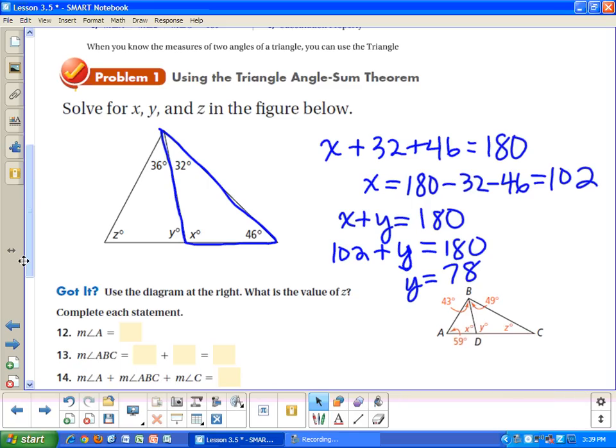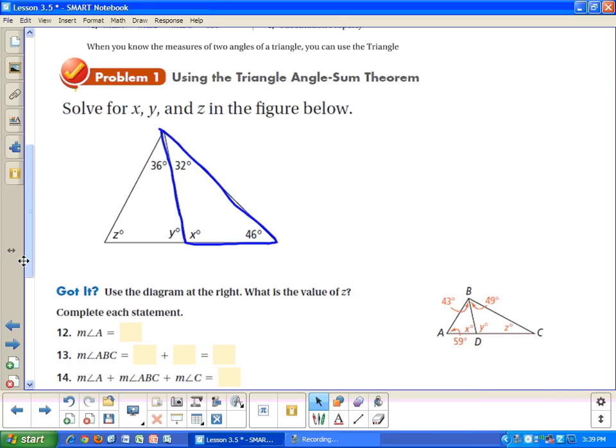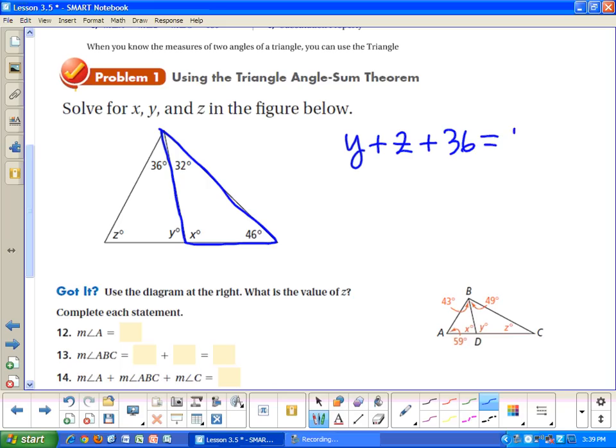And now that we know x and y, we can find z. x, y plus z plus 36 equals 180, and y was 78, so 78 plus z plus 36 equals 180.